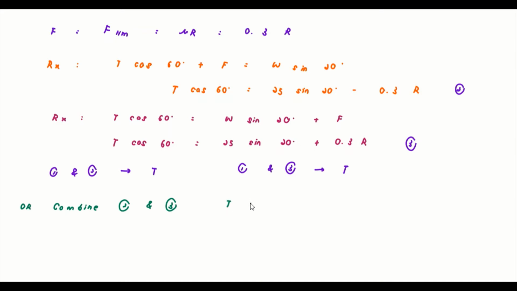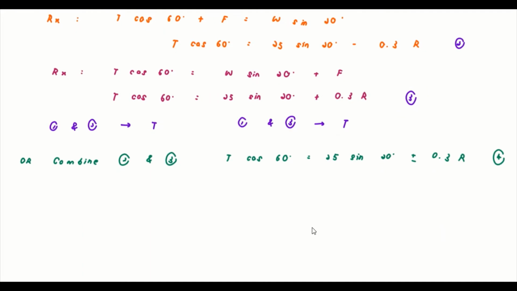So T cos 60 will be equal to 25 sine 20, then one is plus and one is minus, then 0.3R. So this is our fourth equation here. After I get my fourth equation, I use my first equation to substitute into my fourth equation.